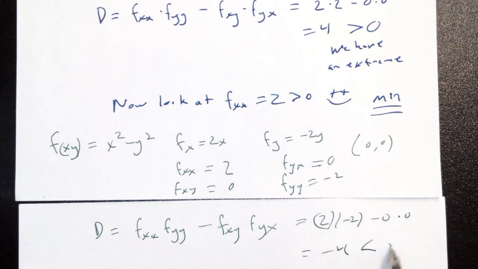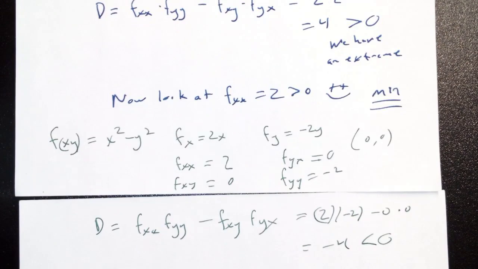That's -4, less than 0. We have a saddle point. Please notice that when I wrote the second derivatives, under fx, I wrote xx, then xy. Under fy, I wrote yx, and then yy.